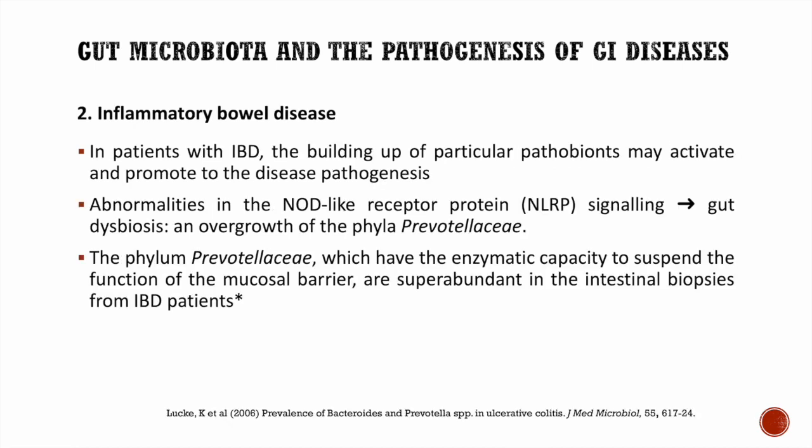The second, inflammatory bowel disease. In patients with IBD, the building up of particular pathobionts may promote disease pathogenesis. Studies reported that abnormality in NOD-like receptor protein signaling can result in gut dysbiosis, paired with an overgrowth of the phylum Prevotellaceae.